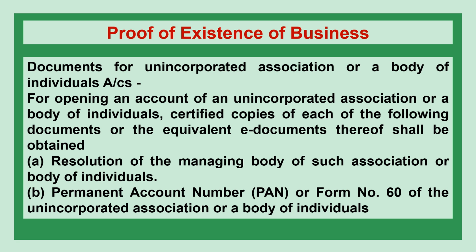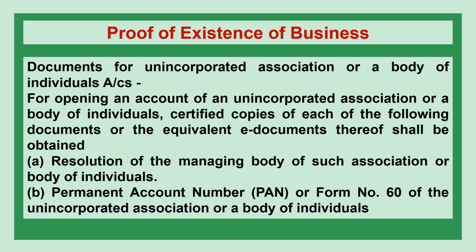Documents for unincorporated association or body of individuals accounts. For opening an account of an unincorporated association or a body of individuals, certified copies of each of the following documents or the equivalent e-documents thereof shall be obtained. Resolution of the managing body of such association or body of individuals.